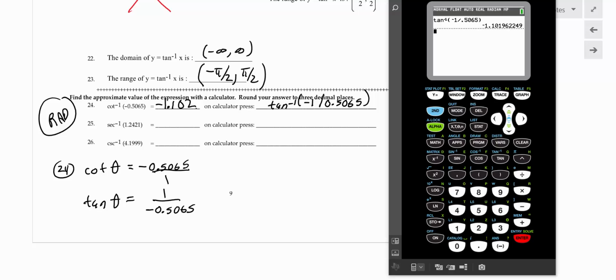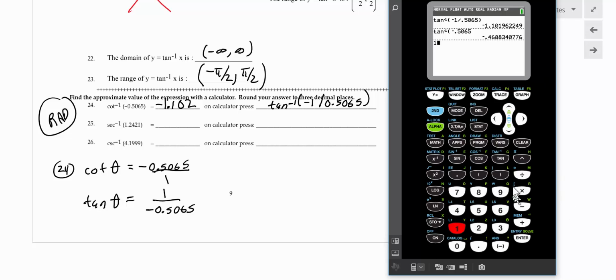Now, this is what students do all the time. Watch this, and you might make a note of this. What students do most of the time on this problem, and it's wrong, is they will go inverse tangent of negative 0.5065, and then they'll take the reciprocal of that number, which is totally wrong.